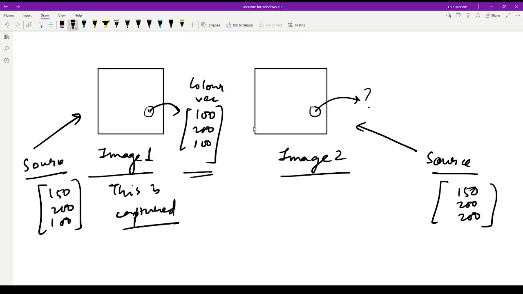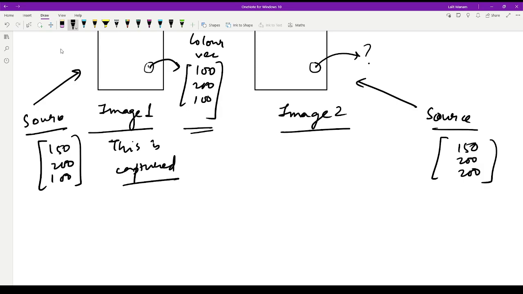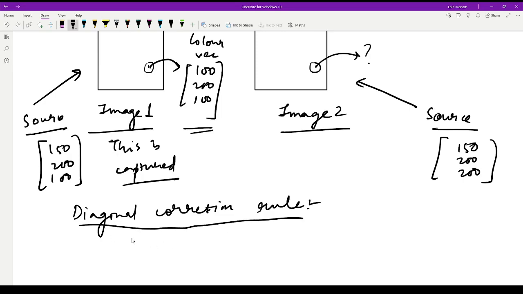Okay, now it's pretty straightforward. If you remember the formulas, there's nothing much to it. So, what does the diagonal correction rule say?